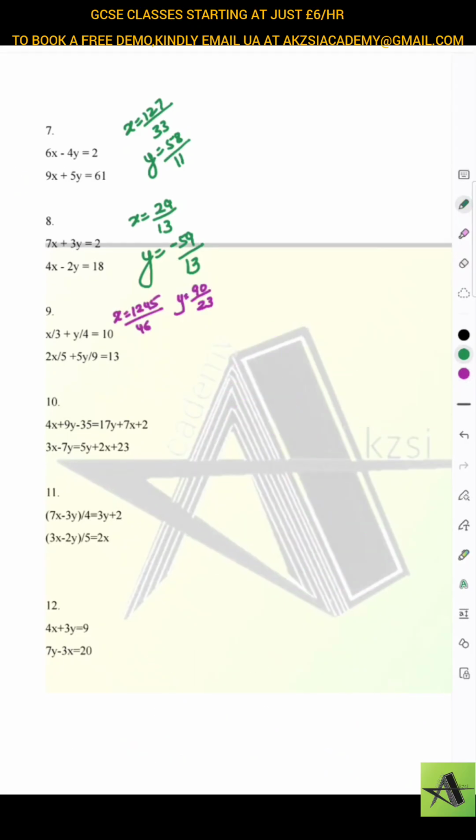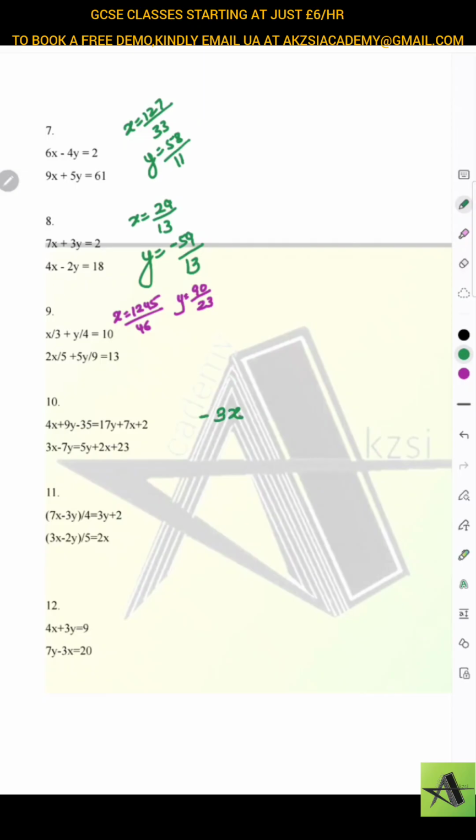Now see question number 10. Here we can clearly see we have to arrange it in order to convert them into our standard format, which I told you, ax plus by is equals to c. So let me arrange it. All the terms of x on one side, all the terms of y on one side. So on bringing x, I'll get negative 3x.